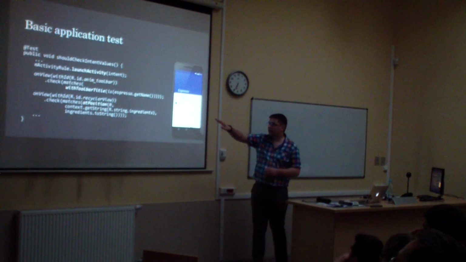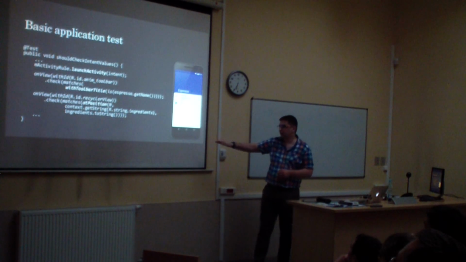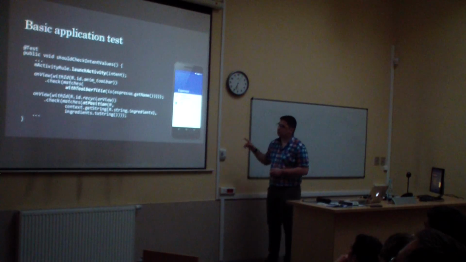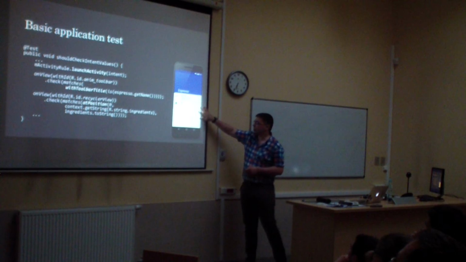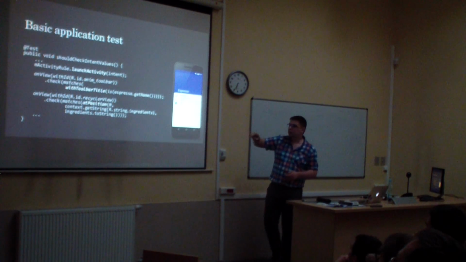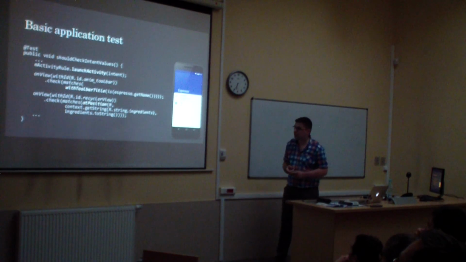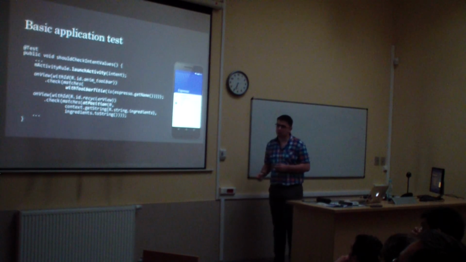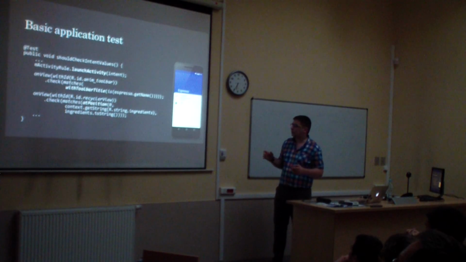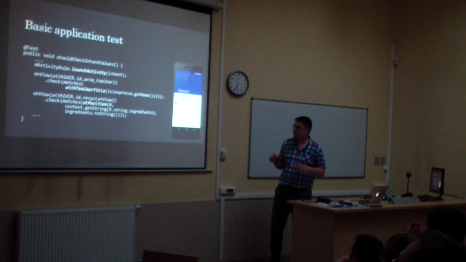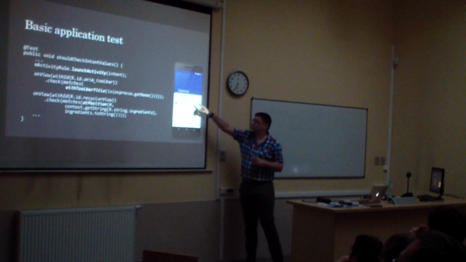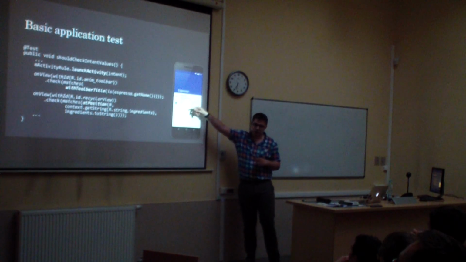For verification of the toolbar we use a custom matcher, toolbar title, a really simple matcher, and for verification of ingredients we use an add position matcher. It's also a custom matcher. The main idea of this custom matcher is that it verifies not just the information here, but also the title of this item.